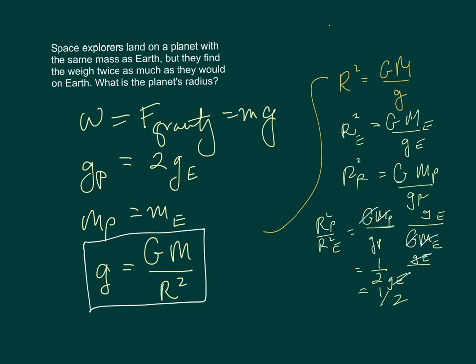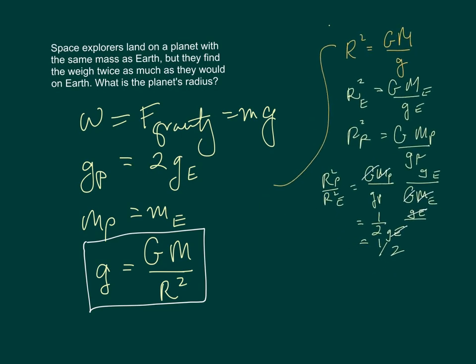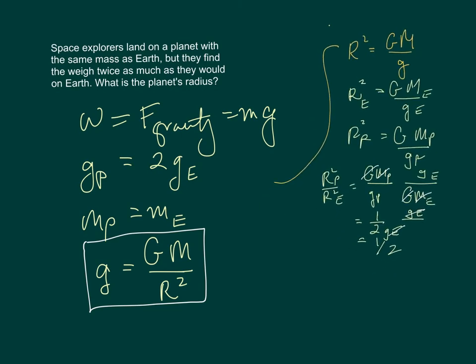Let's make these smaller and make a little room here at the bottom. So if we solve for the radius of the planet, it's equal to 1/2 the radius of Earth, but these were squared, so the radius of the planet is equal to 1/2 radius of the Earth squared, to the 1/2.